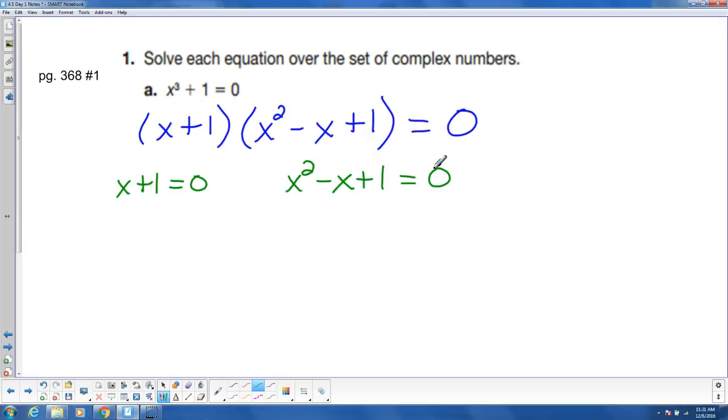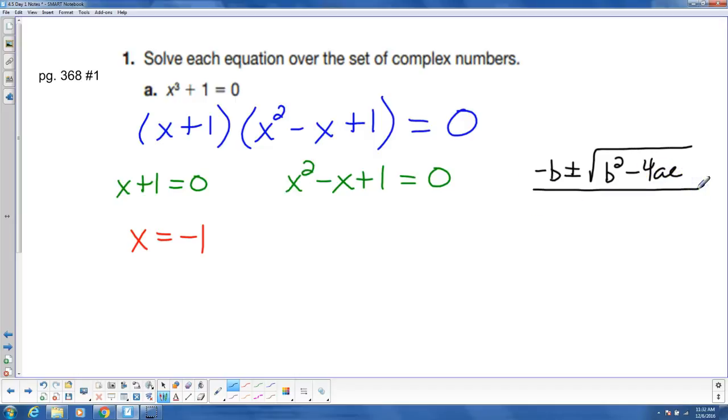I can handle this first one. What do we have to do on the other one? If it's not factorable, and I need to get 2 zeros out of it. Quadratic formula. Okay? Remember, that's opposite of b plus or minus the square root of b squared minus 4ac all over 2a.